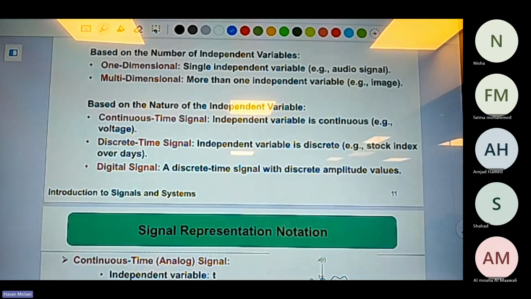And again, we can have continuous time, discrete time, and digital signals. Continuous time is when our independent variable is continuous, like time. What is discrete time? The independent variable is discrete.